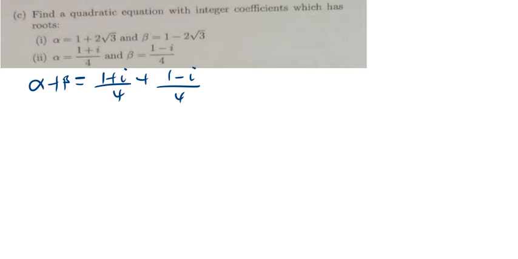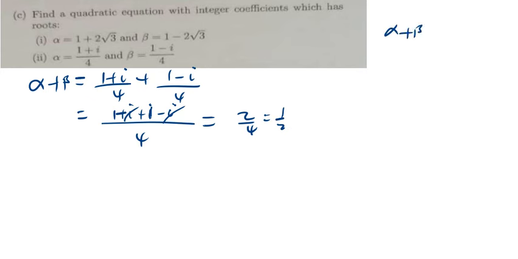The denominators are the same, remember, so we just add the numerators. 1 plus i plus 1 minus i, I will end up having 2 over 4, which is 1 over 2. So alpha plus beta is 1 over 2.